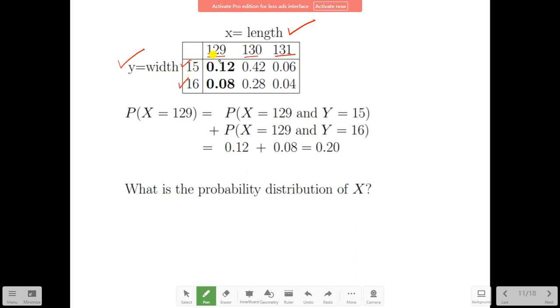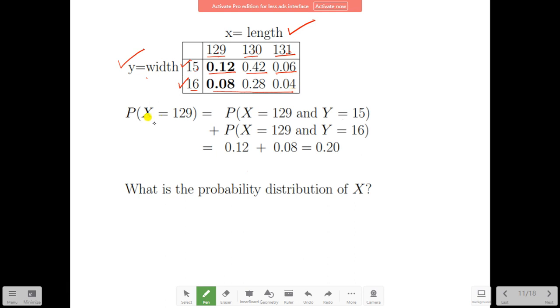When the width is 15 and the length is 129, the probability is 0.12. Similarly, the length is 132 and the width 15, the probability is 0.43. The length is 131, the width is 15, then the probability is 0.06. Similarly, for the lengths 129, 130, 131 and the width 16, the probabilities are these.